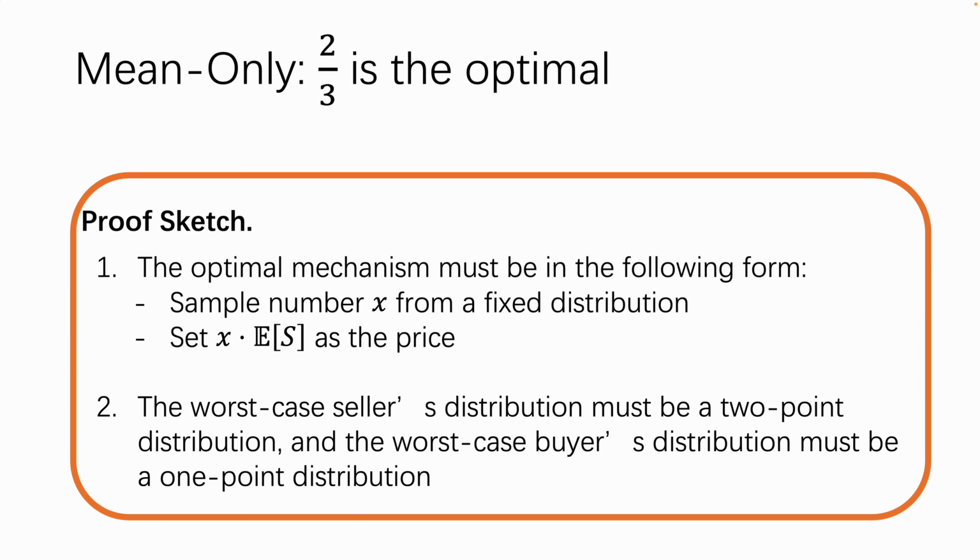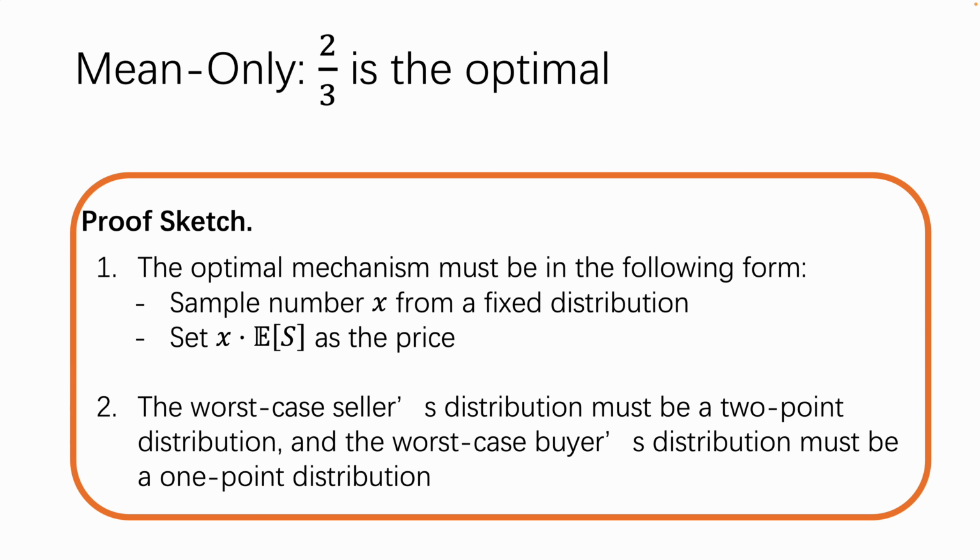Let us take the case that we only know the expectation of the seller as an example. Our first step is to show that the mechanism must be in this form. It first samples a number x from some previously defined distribution and then simply sets x times the mean of the seller as the price.